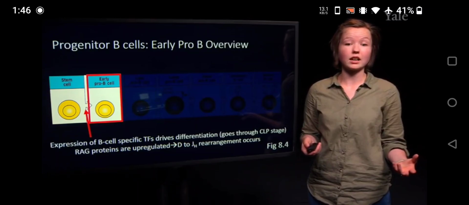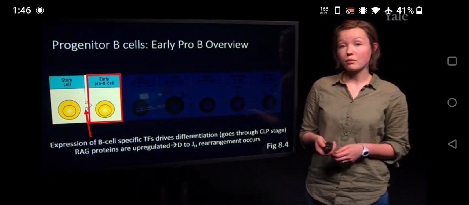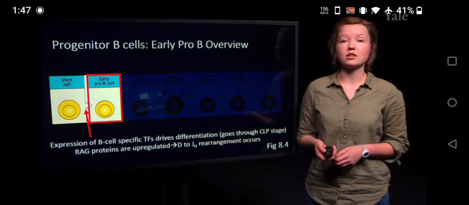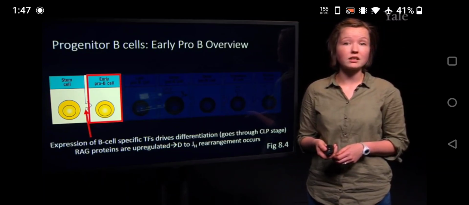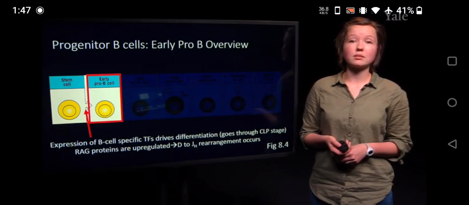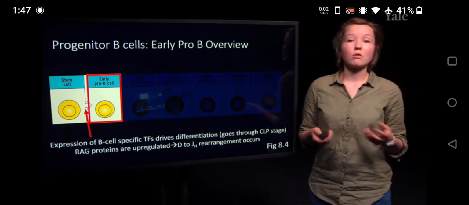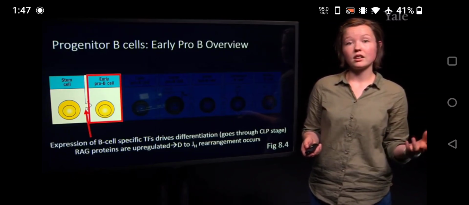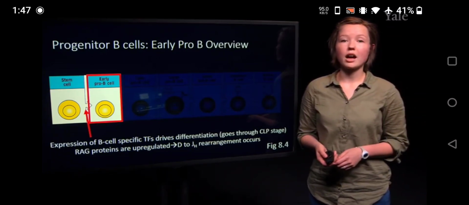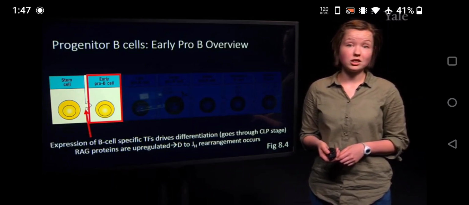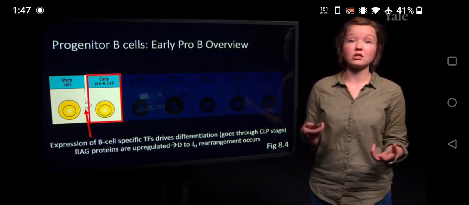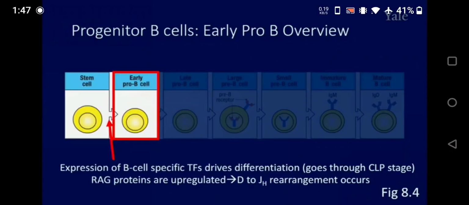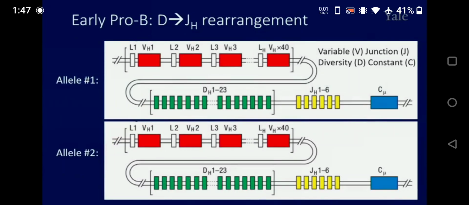One of the important proteins that is upregulated during this particular stage of development and is stimulated by these B cell specific transcription factors are RAG proteins, which, if you remember from our lymphocyte antigen receptor lecture previously, are necessary to catalyze VDJ recombination, which is the recombination events that results in these unique lymphocyte antigen receptors.